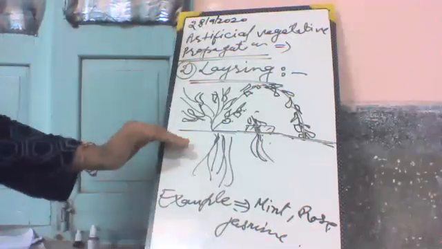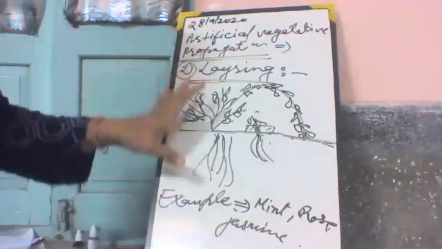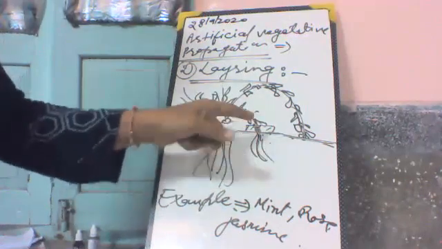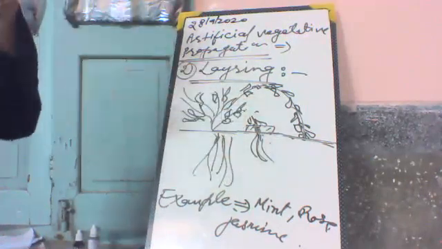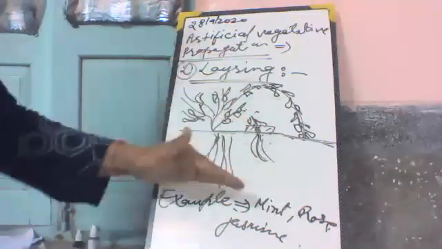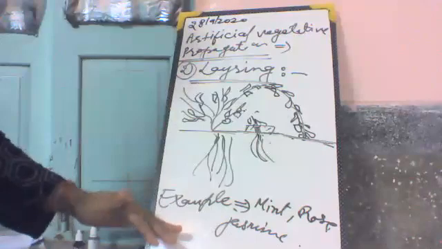In this plant, the lower branch is bent down to the soil, the bark layer is removed, and it is covered with soil.